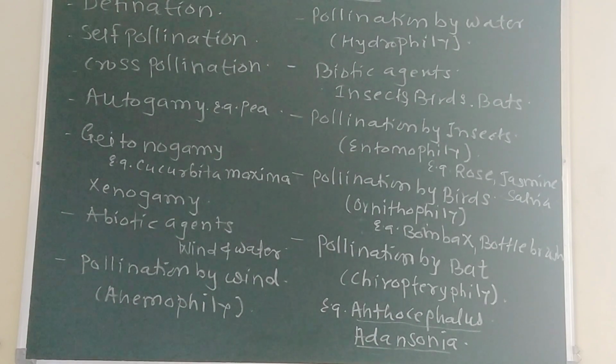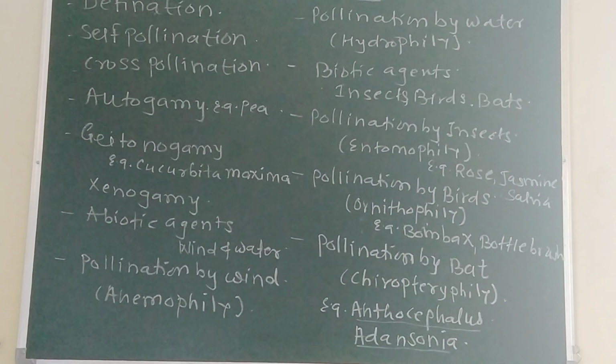Pollen grains are long, ribbon-like and without exine. Next type, epihydrophily. Pollen grains float on the water surface and reach the stigma of the female flower. Example, Vallisneria. Specific gravity of pollen grain is equal to that of water.